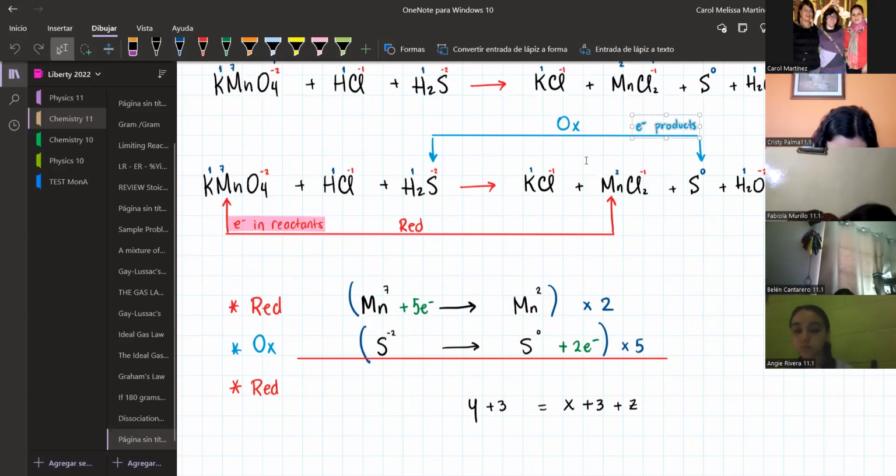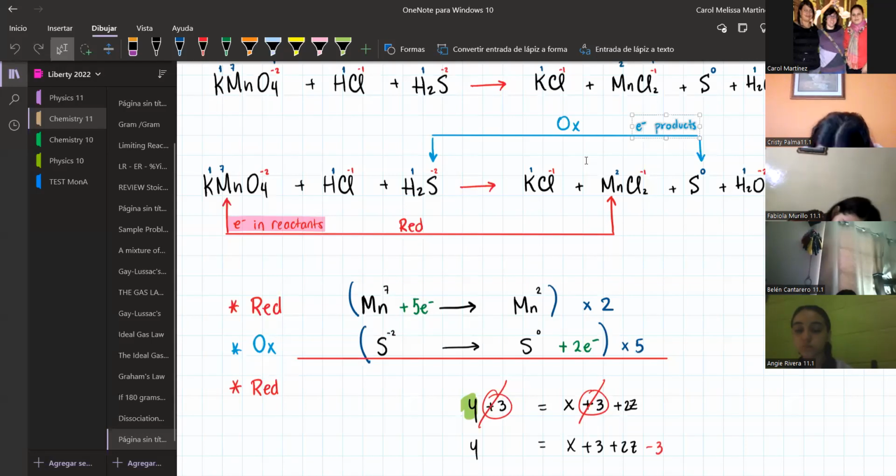And I say, okay guys, I want you to isolate y. So I can think of this like both plus 3, they're doing the exact same operation on both sides of the equation, so I can cancel. Or I can see y is equal to x plus 3 plus 2z minus 3 from the other side.